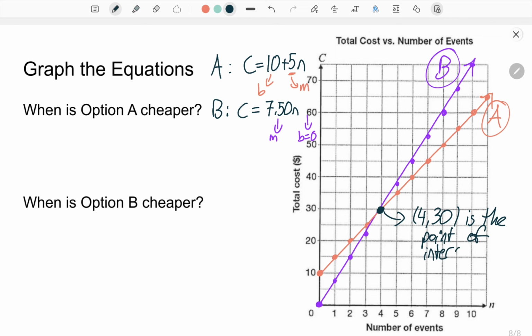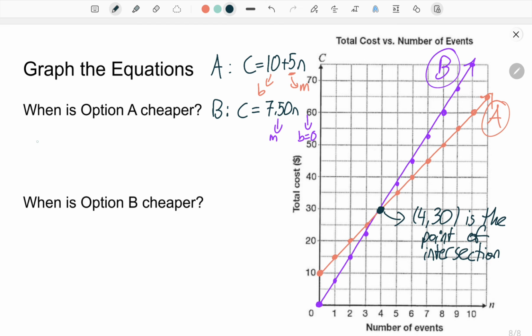And in this situation, that just means at that point, they both pay the same price. So if you go to 4 events, option A or B are the same. However, if you look at the graphs, option B is growing a lot faster.